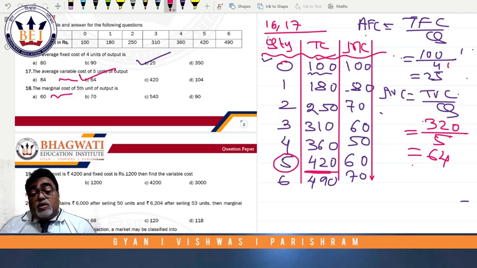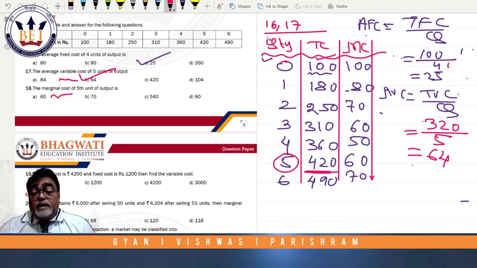That is, when total cost is given as 420, they ask you to find out TVC. What we should give? Total cost minus TFC. So total cost is 420, TFC is 100, my TVC becomes 320 divided by the 5 units they ask, answer should be 64.